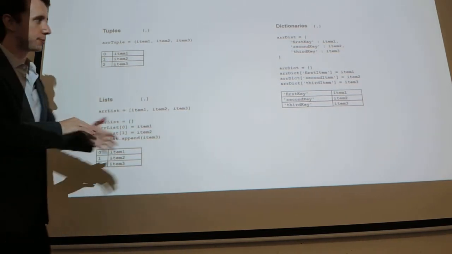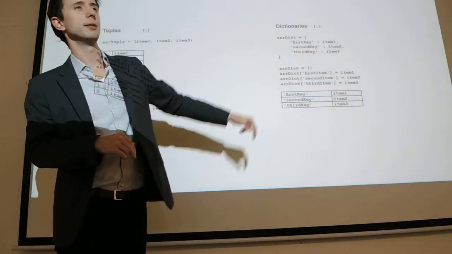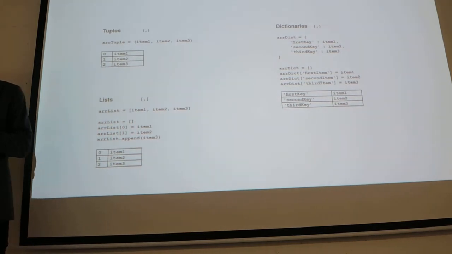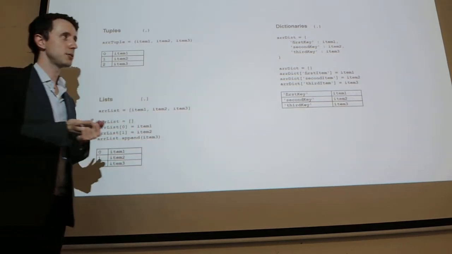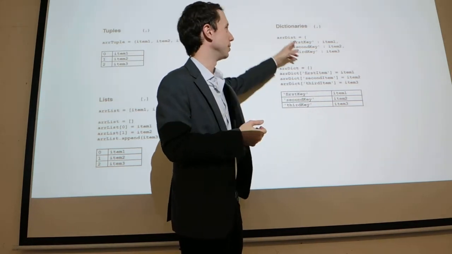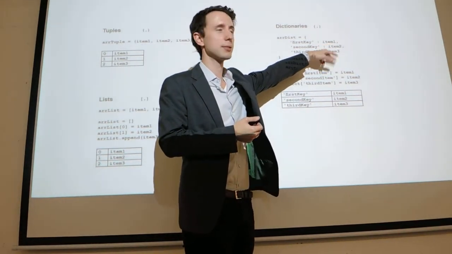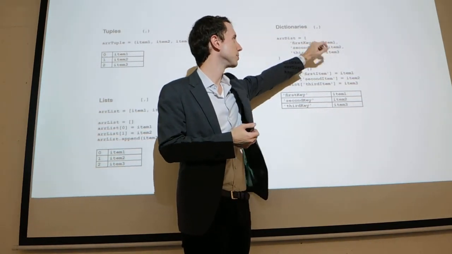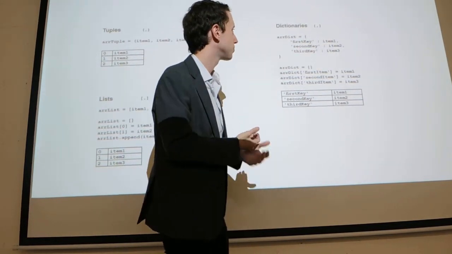The last type of array is called a dictionary in Python. If anyone has any other programming, this is an associative array. That just means you are associating a key, or word in a dictionary, with its entry. So this is the word, and that is its definition. Key, value. These are key value pairs.